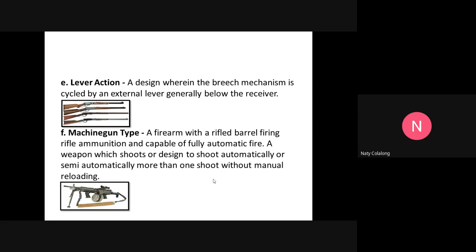And then we have the lever action, a design wherein the breech mechanism is cycled by an external lever, generally below the receiver. And then we have the machine type, a firearm with a rifle barrel, firing rifle ammunition, and capable of fully automatic fire.